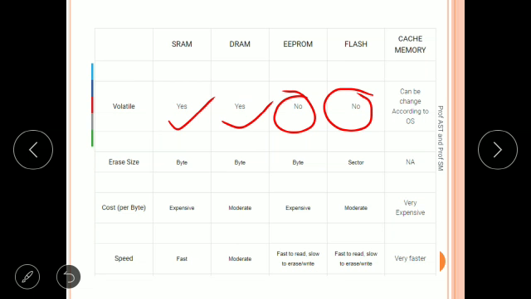Under the heading RAM, if I come to the erase size, it happens in byte. For DRAM also it is byte. For E2PROM it is byte, whereas flash gets erased in terms of sectors, and it is not applicable for the cache. Cost per byte, it is very expensive, as in the previous class, if people have seen, madam has already explained.